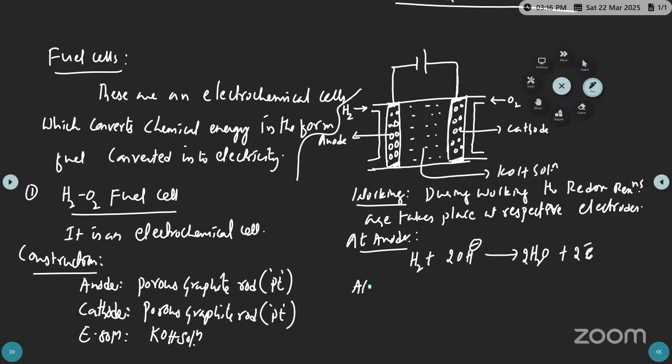And next at cathode. What is the cathode? Graphite rod only. So on the cathode, we are bubbling oxygen gas.